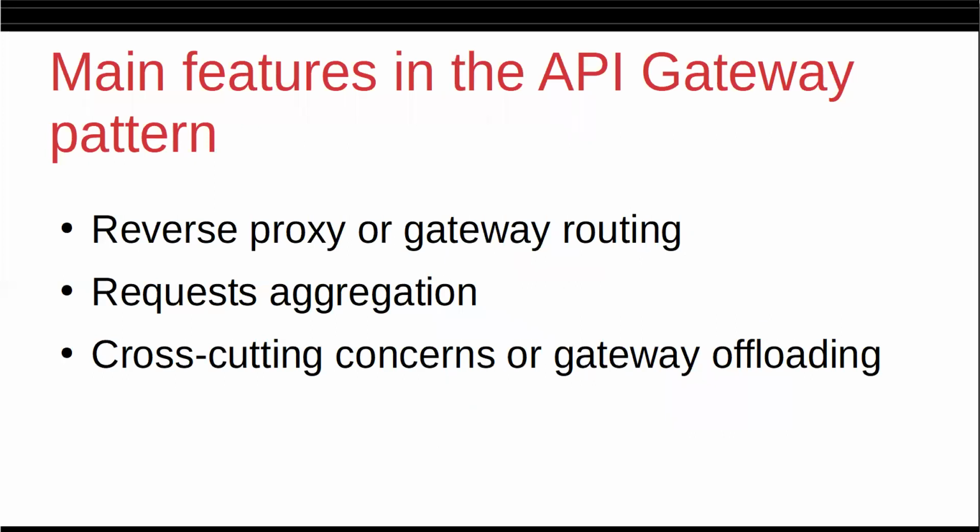The API gateway offers a reverse proxy to redirect or route requests to endpoints of the internal microservices. The gateway provides a single endpoint or URL for the client apps that internally maps the request to a group of internal microservices.